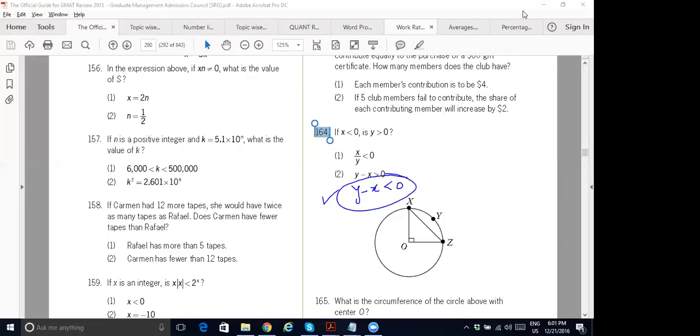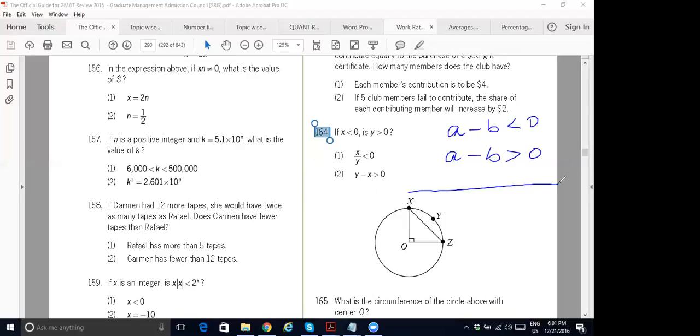Now, what does the difference between the two numbers mean? If you are given a minus b is less than 0, what does it mean? That the difference between two numbers is less. I mean, that a is greater than? Actually, I don't know.